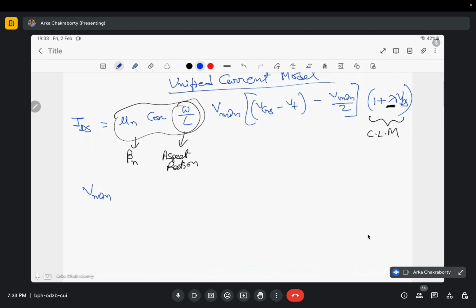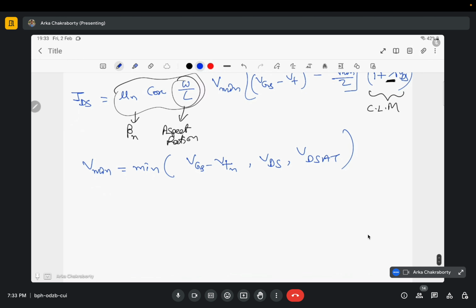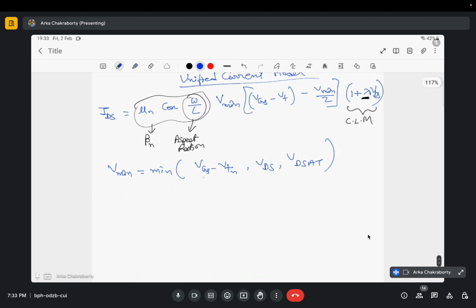Now, what is this V min? V min is nothing but the minimum of VGS minus VT, VDS, and VDSAT. What does this mean? If VGS minus VT is least among these 3, then I replace V min with VGS minus VTN. If VDS is least in these 3 terms, then I replace V min with VDS.